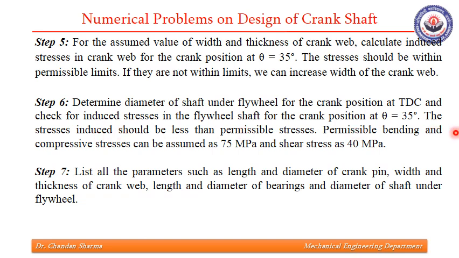Permissible bending and compressive stresses can be assumed as 75 megapascals and shear stress as 40 megapascals, as the same is not given in the question. And in the end, we'll list all the parameters such as length and diameter of the crank pin, width and thickness of the crank web, length and diameter of the bearing, and diameter of the shaft under the flywheel.